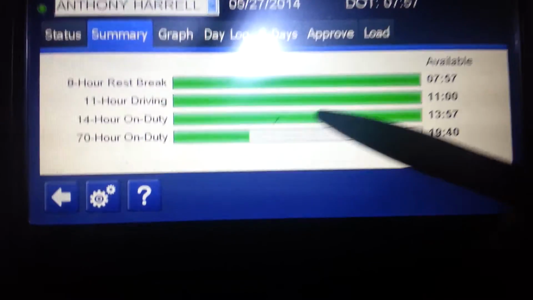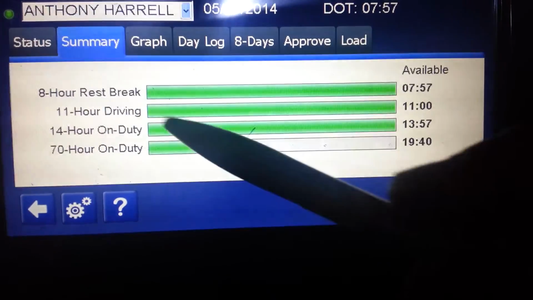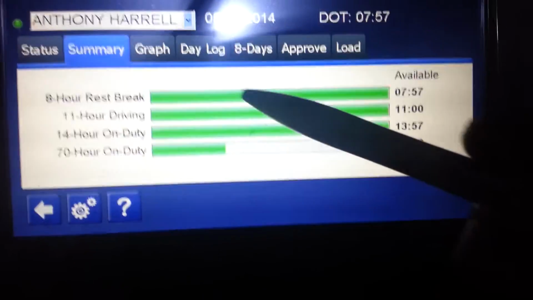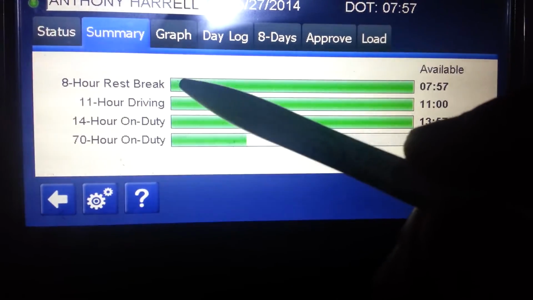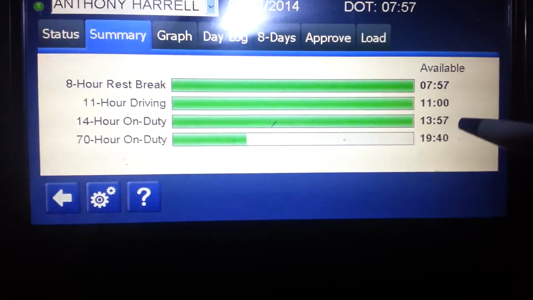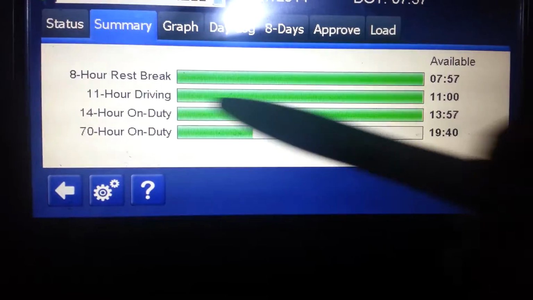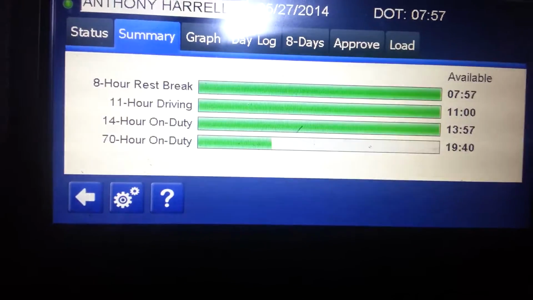And let's just say you sitting there, you burnt the 14-hour clock down lower than your 11-hour clock. After you do your 30-minute break, if it gets down here like 1 hour and stuff, and it resets your hours, whatever that 14-hour clock is, if it's lower than your 11-hour driving clock, you're going to go off of that 14-hour clock.